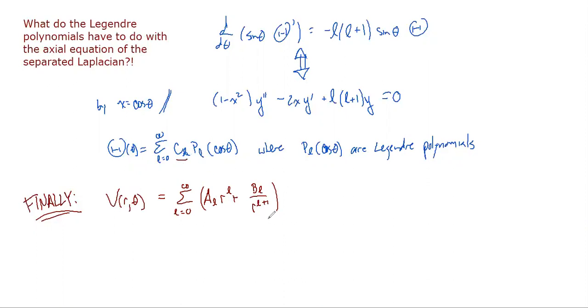The axial piece would have its own coefficients if you solved it by itself, but because you're multiplying the C by all of these terms, you can just consolidate them and make your life a little bit easier. So you can absorb the C's into the A's and B's if you'd like. So this is the whole thing. This is what we called R of r, and this is what we called Theta of theta.